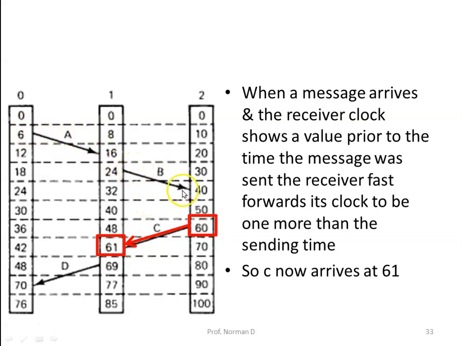Over here it takes 40 minus 24 ticks, whereas when it is leaving from 2 to 1, we say it has left at 60 and here it has arrived at 61. Similarly, it leaves at 69 from this process and arrives at 70 from this process. So this is how Lamport's algorithm works. It helps in synchronization in a distributed system.